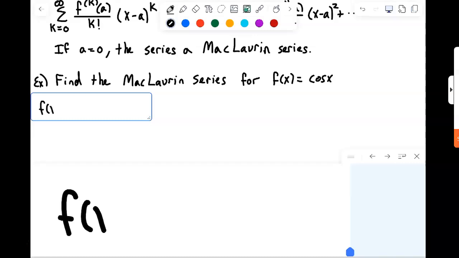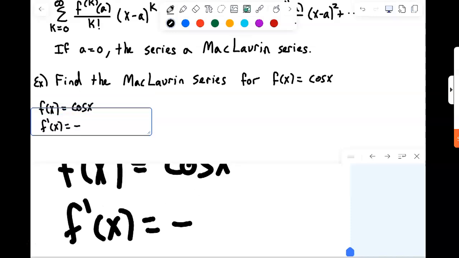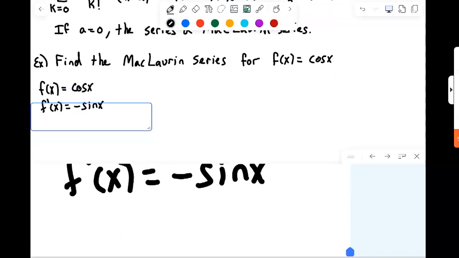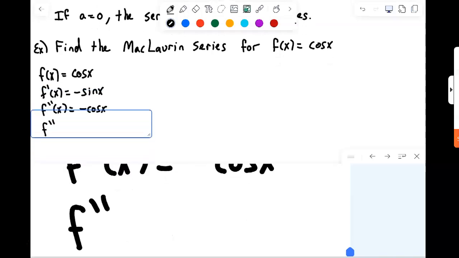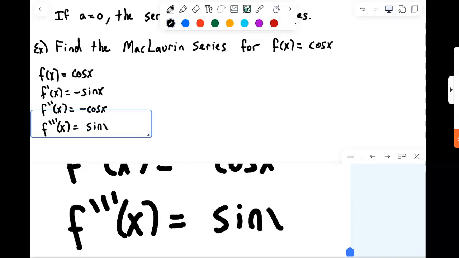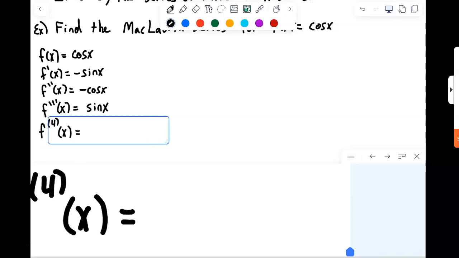So f of x would of course be cosine, and then f prime would be negative sine, f double prime would then be negative cosine, f triple prime would be positive sine, and then finally the fourth derivative takes us back to where we started, the cosine.